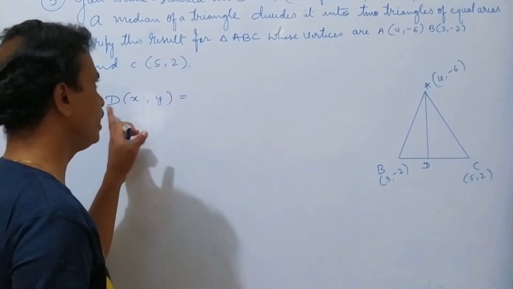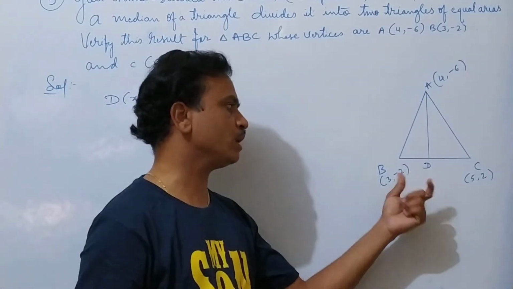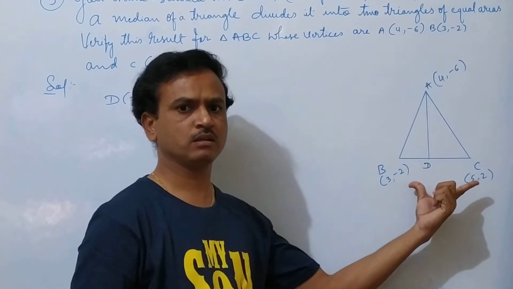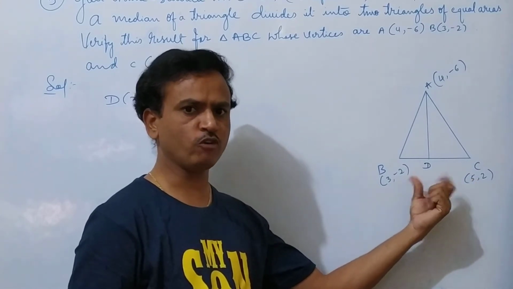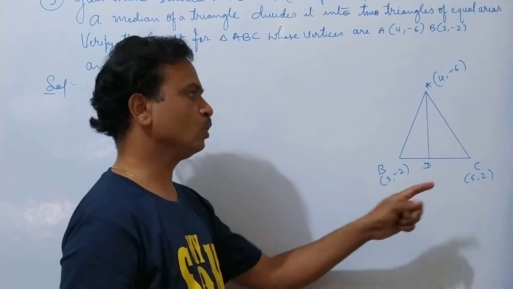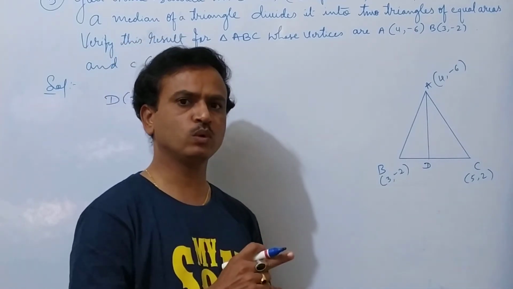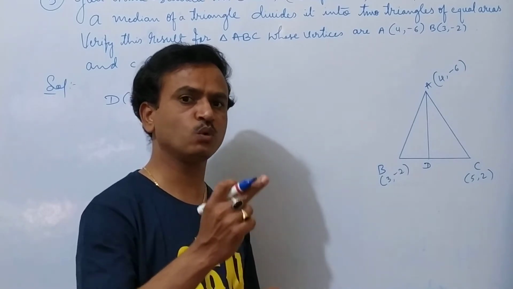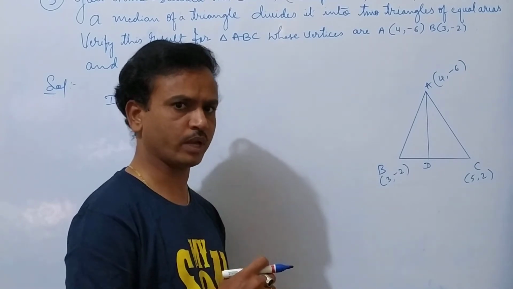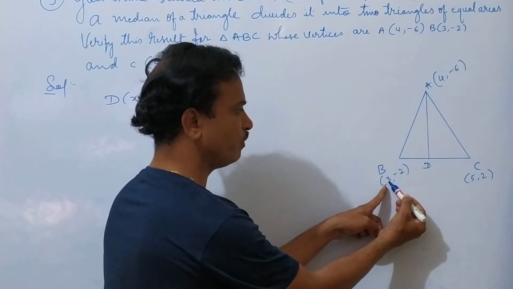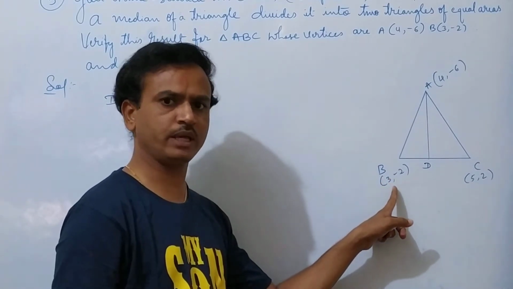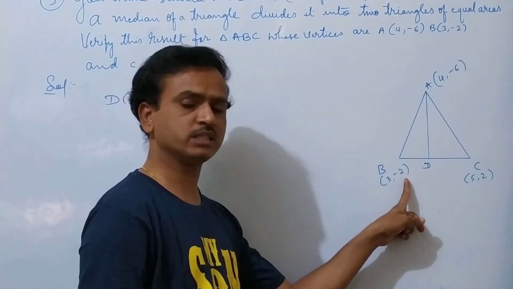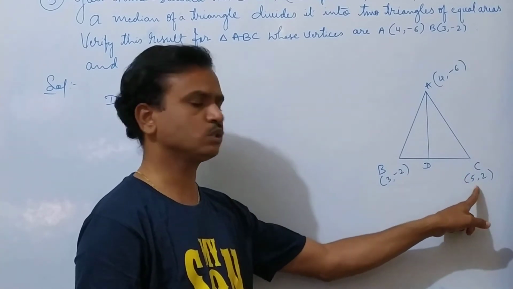Point D is the midpoint of BC. So you know the midpoint formula: (x1 plus x2) whole divided by 2, (y1 plus y2) whole divided by 2. First number is the x coordinate, second number is the y coordinate.